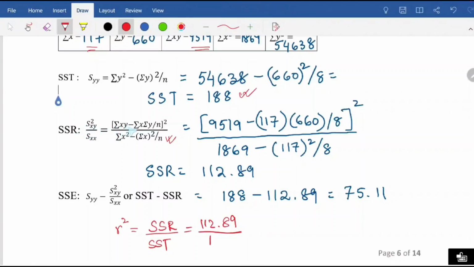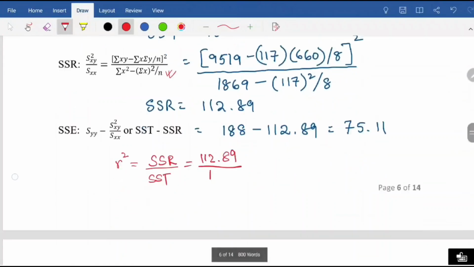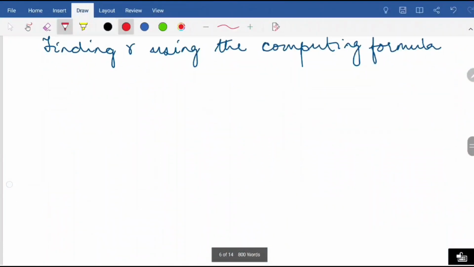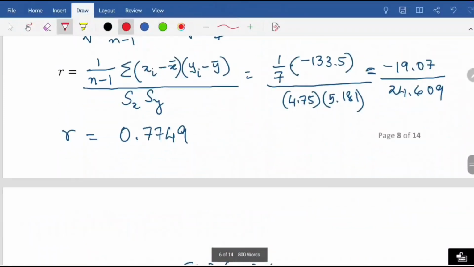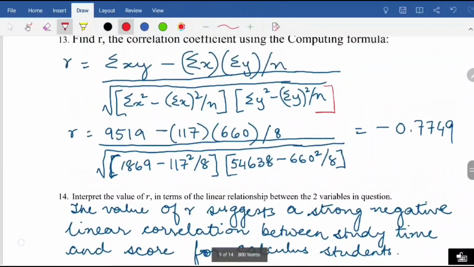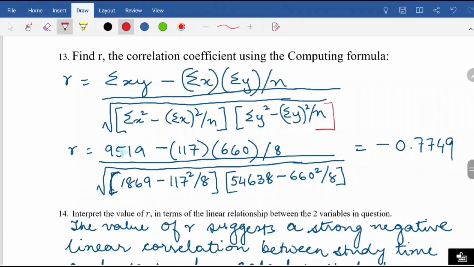We had sigma xy minus sigma x times sigma y divided by n. The only thing is, for SSR we squared it, but if you have this value noted down from that calculation, then you can just reuse it for your correlation coefficient calculation. All right, so we plug in the values.